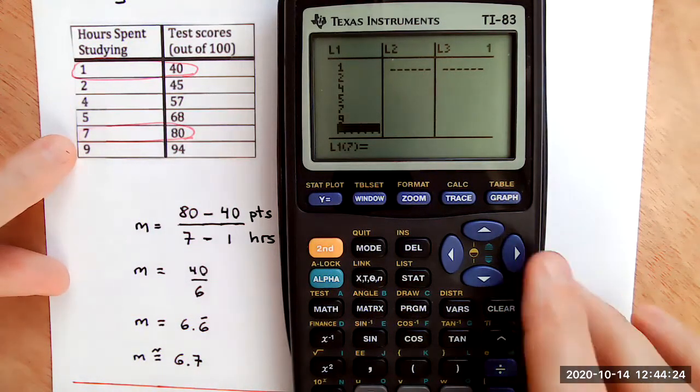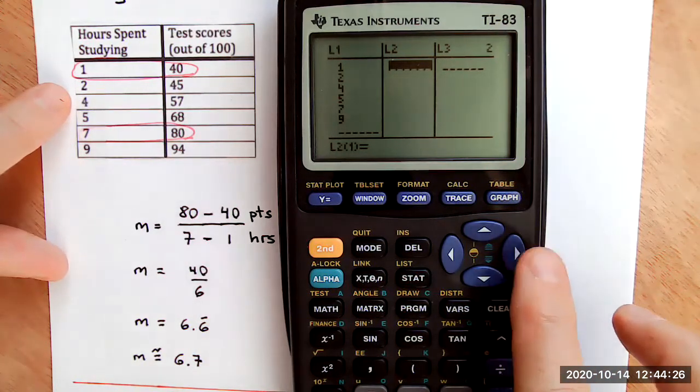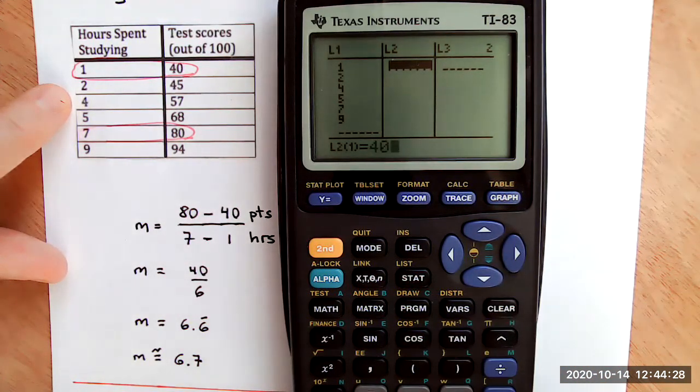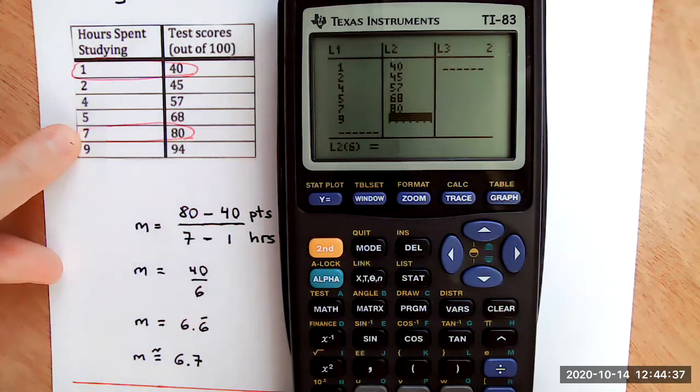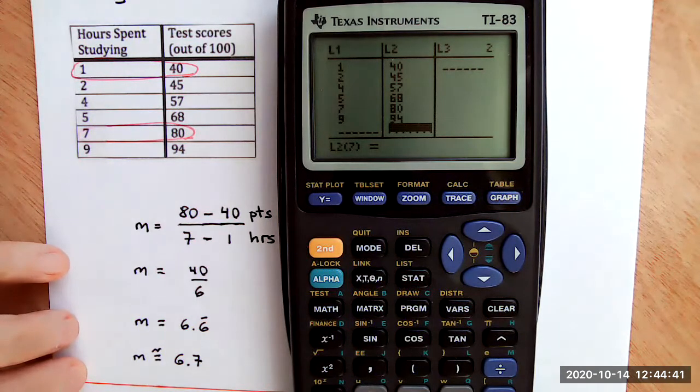Just entering the x values and hit the right arrow key. 40, 45, 57, 68, 80, 94. That's just entering the lists.